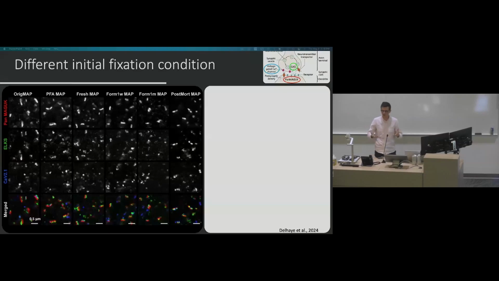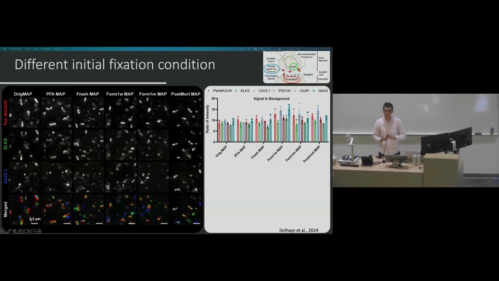And I think one thing that we can already see is that qualitatively, all of the synaptic puncta can be resolved at the individual synapse level. Then, looking at the quantification of the signal to background ratio, for all of the conditions the signal to background ratio is quite high, on the order of 10 on average, even though looking at the two-way ANOVA, there is a significant difference in the fixation type as well as in the antigen.